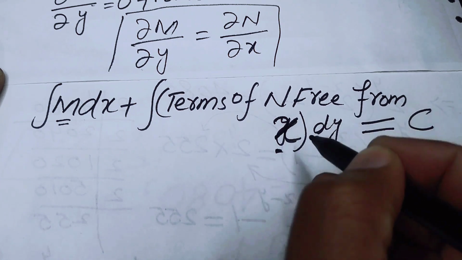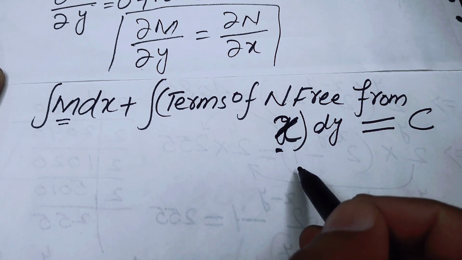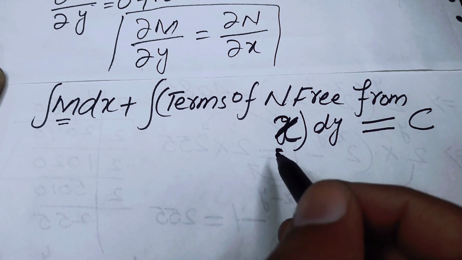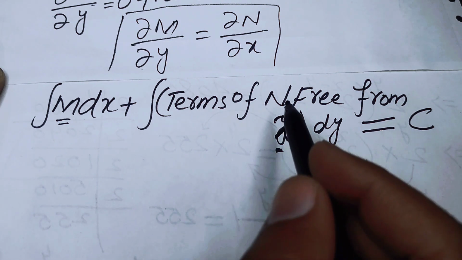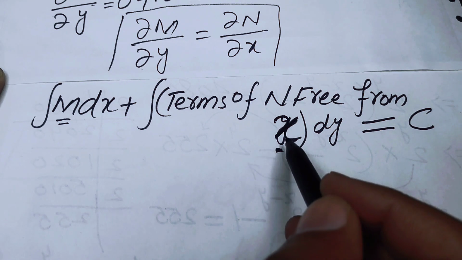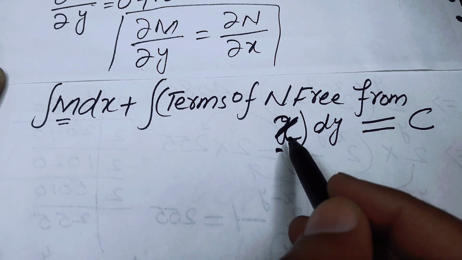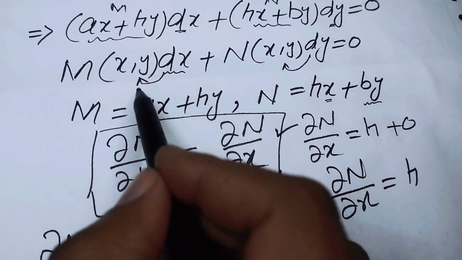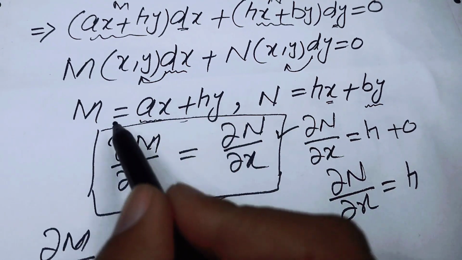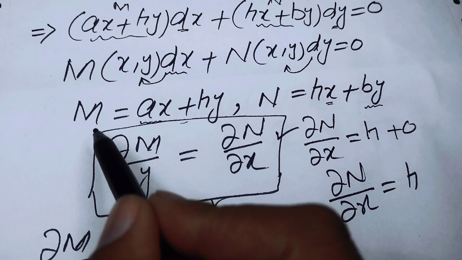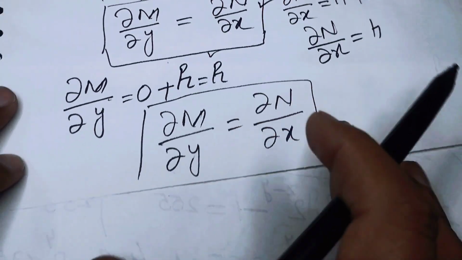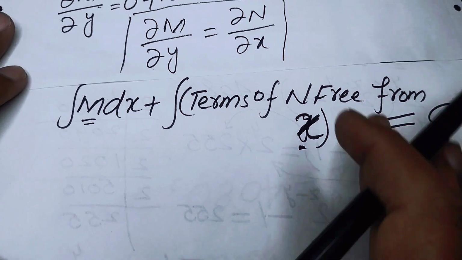You can substitute only those values which do not involve x. Now I can move towards M and N. In the M case we substitute the value of M completely.